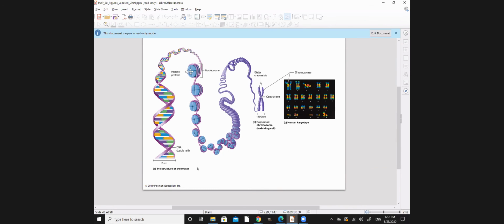Again, this is just general information for you. There will be no questions about it. This double helix of the DNA is wound up around the histone proteins, and even further it's folded on each other and creates a very compact chromosome right there.